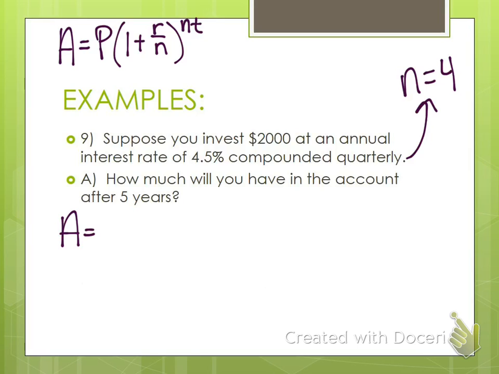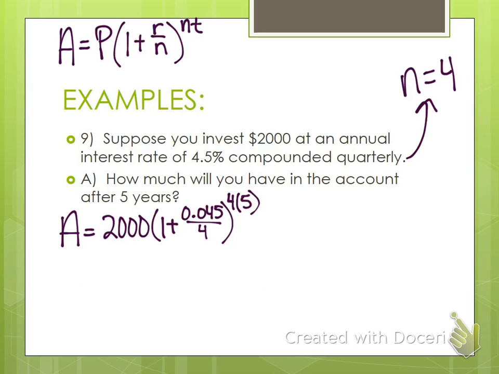I'm looking for my amount in the account. Okay, so we start off with $2,000 in the bank. 1 plus, what is my rate as a decimal? 0.045 divided by, what did we say n equals? 4. Raise that to the 4 times 5, n times t.